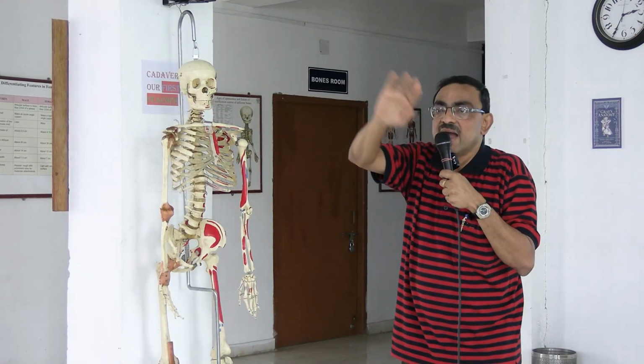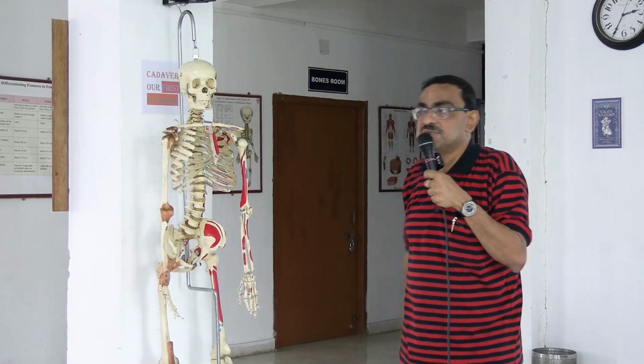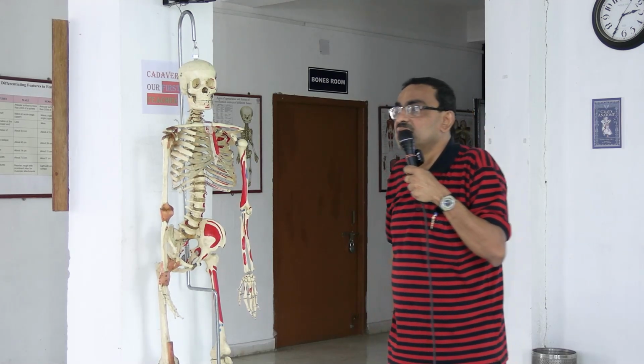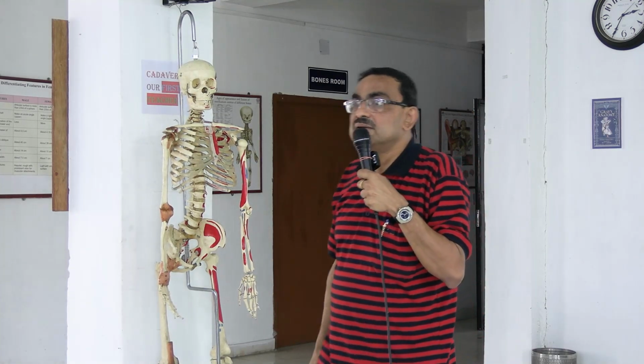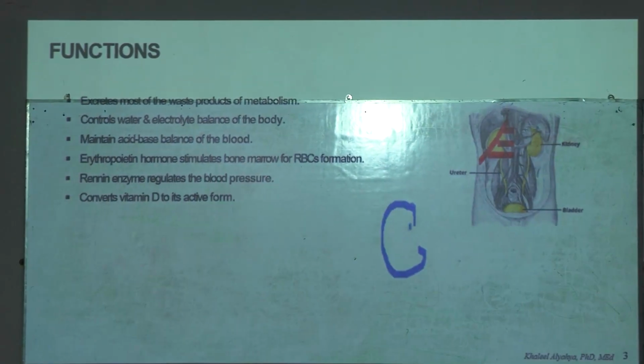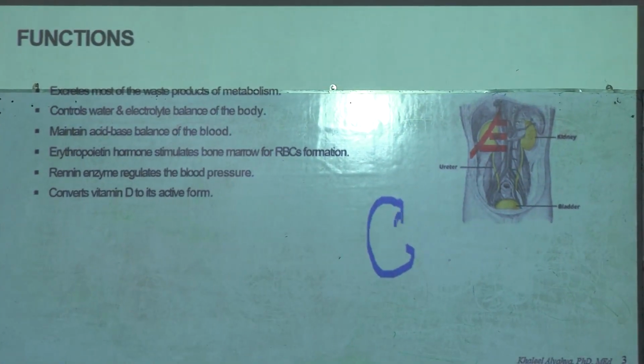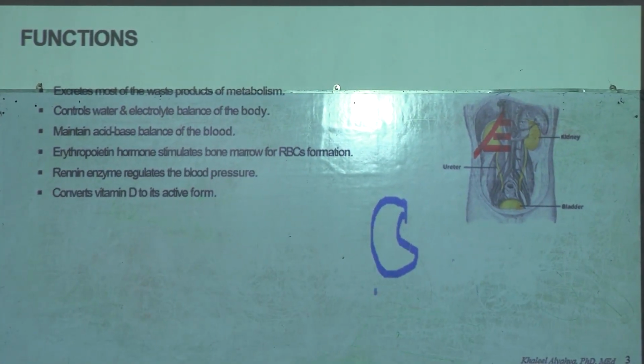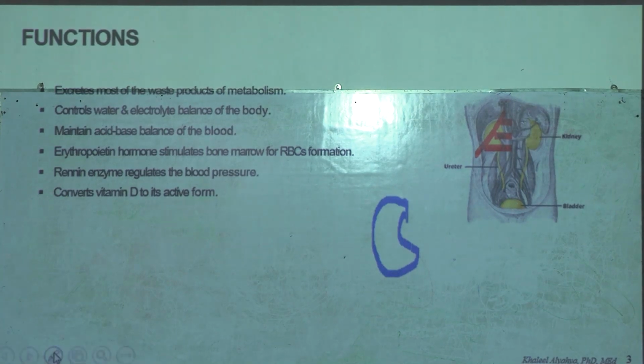How can we identify the anterior and posterior surface? When we hold the kidney, it will be very difficult, so we can identify this one: the anterior surface is convex, whereas the posterior surface is plane.